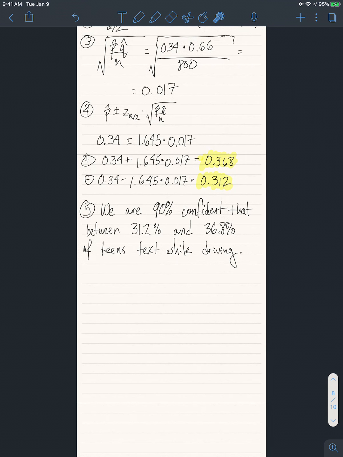Well, that doesn't really tell us anything. So that's why 100% confidence intervals aren't a thing, whereas 90, 95, 99 actually work out to be more useful numbers.